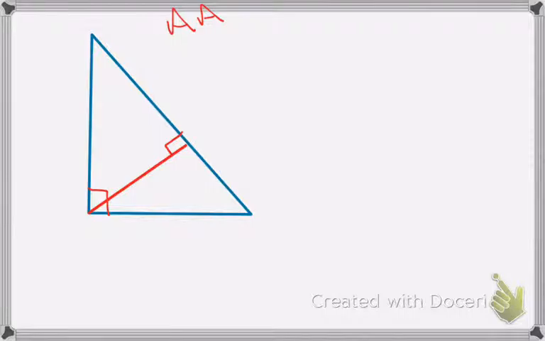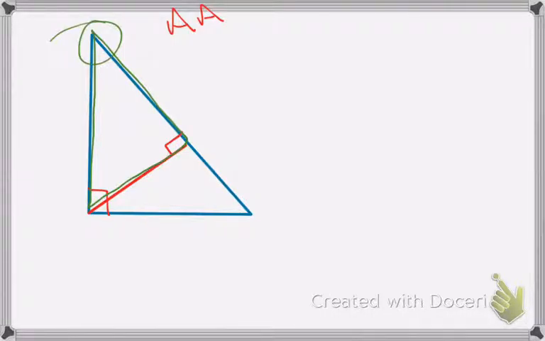Now, if you see the big blue triangle and the medium-sized right triangle, which might be this green one, you can see that they share that angle right there. Since they're both using the same angle, they're going to have another pair of angles that are congruent.